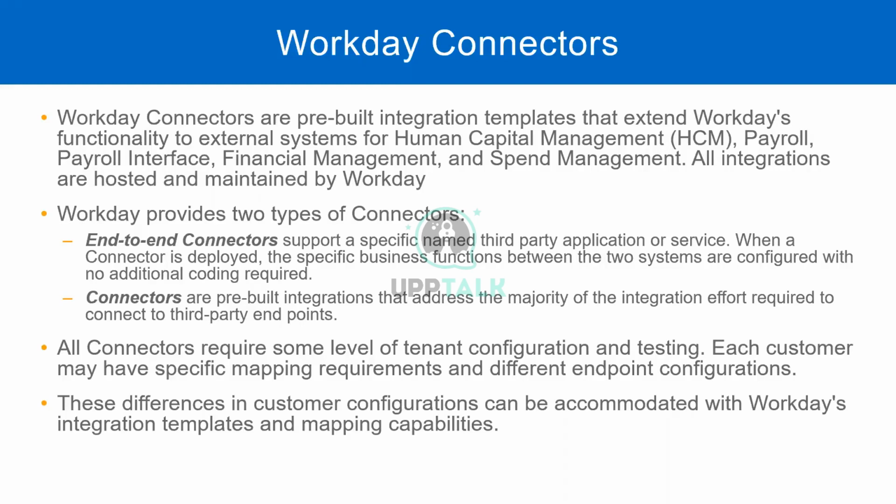So that makes it a good and a bad thing. Good thing is, we can customize that as per our requirement. Bad thing is we need to spend a little bit more effort in configuration, right? Whereas the end-to-end connectors are around 80 to 85% done for you, the core connectors, I would say, will be like 50 to 60% done.